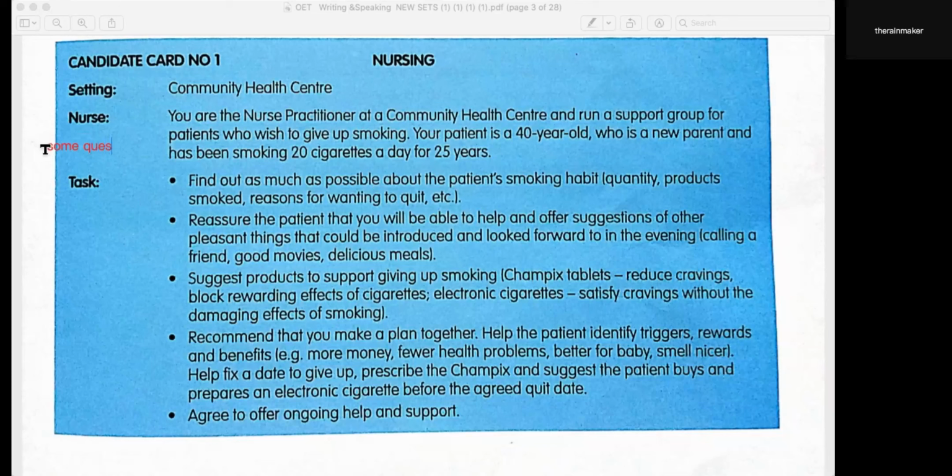Okay, and how many cigarettes do you take per day? 20 cigarettes a packet, roughly. Oh, okay. And have you ever tried to quit smoking? No, actually, on the contrary, I enjoy smoking. I'm looking forward to smoking in the evening, especially.